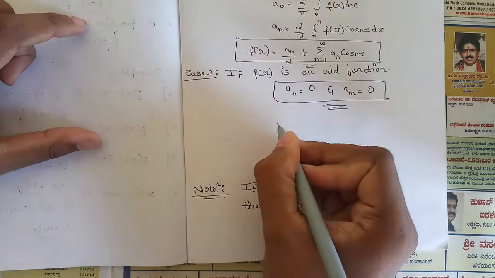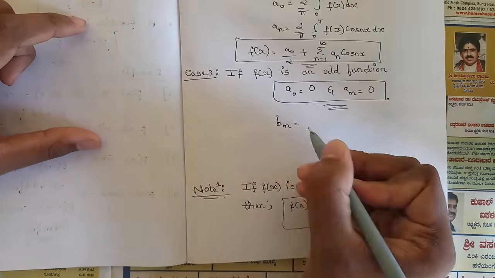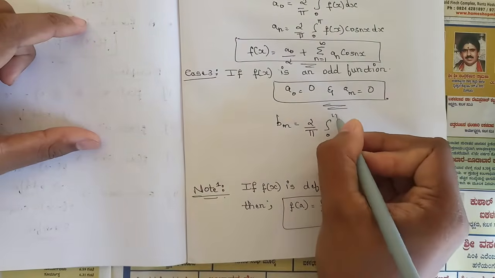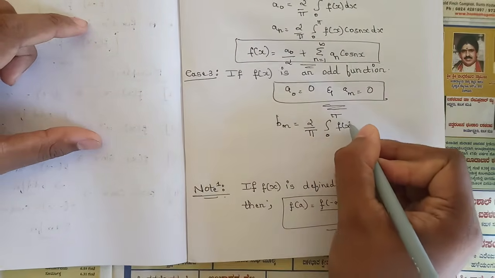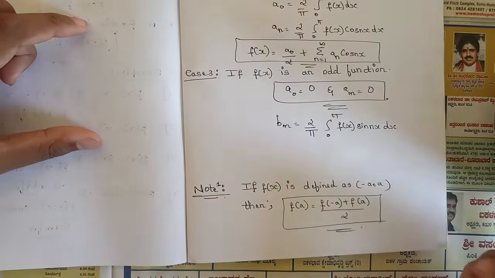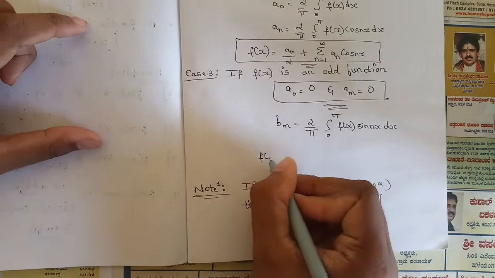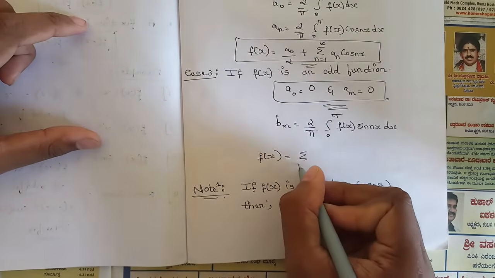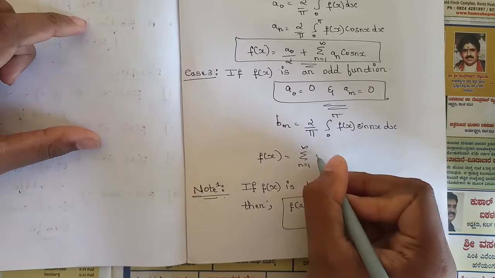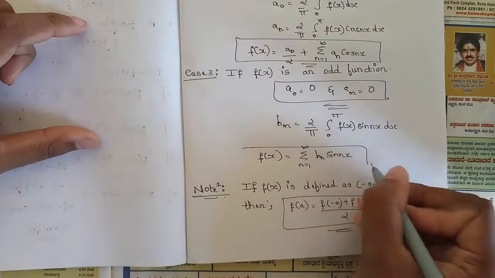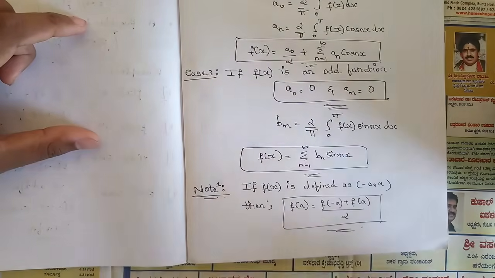There is only one formula, that is for bn, which is 2 by pi integral from 0 to pi f of x sin nx dx. So the Fourier series also consists of only the bn term, that is summation from n tends to 1 to infinity bn sin nx. That's it. This is the required Fourier series.